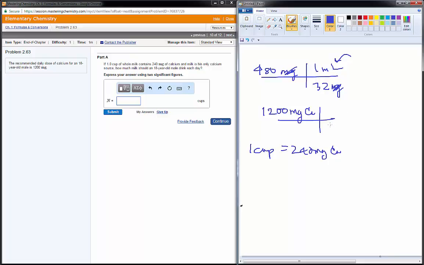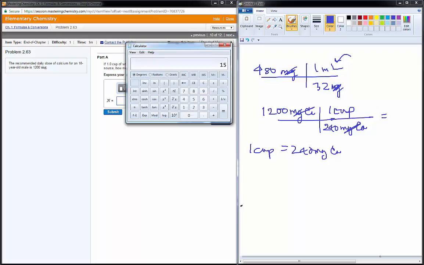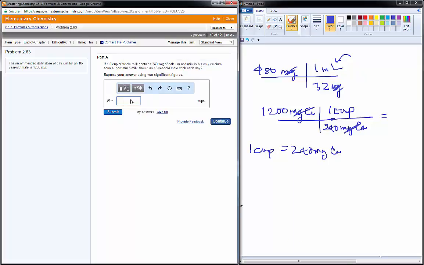So I'm going to put that on the bottom, 1 cup on the top. So the milligrams of calcium cancel, and that gives me my answer in cups. That's 5 cups in a day, if that's the only place you got calcium from.